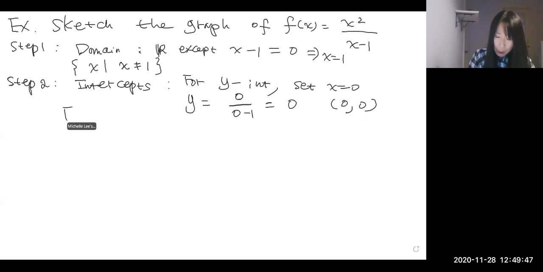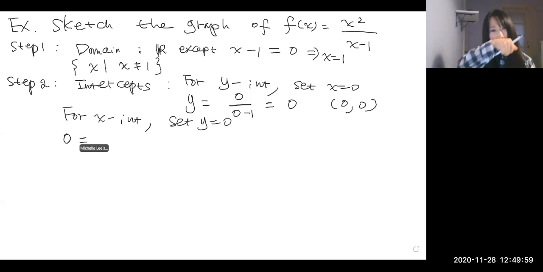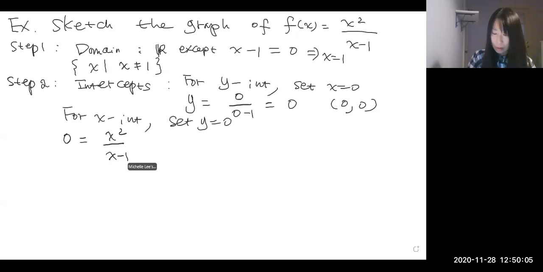Okay, for the x-intercept, set y equal to 0. Then x squared over x minus 1, right? We have a rational function. We want to find the x, right? Then we multiply by x minus 1 on both sides.